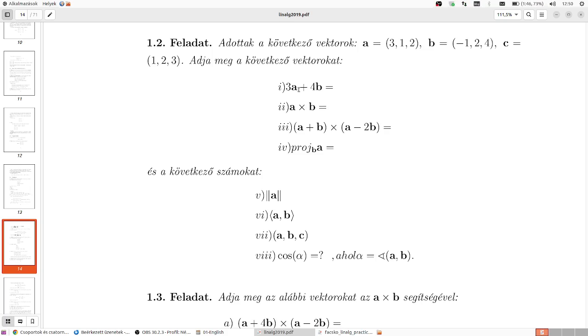And in the Hungarian version, there is an English version of the topics and the description of this subject and the lecture, and also Hungarian. In the Hungarian, one of the suggested books is the Vektorszámítás, vector calculation.